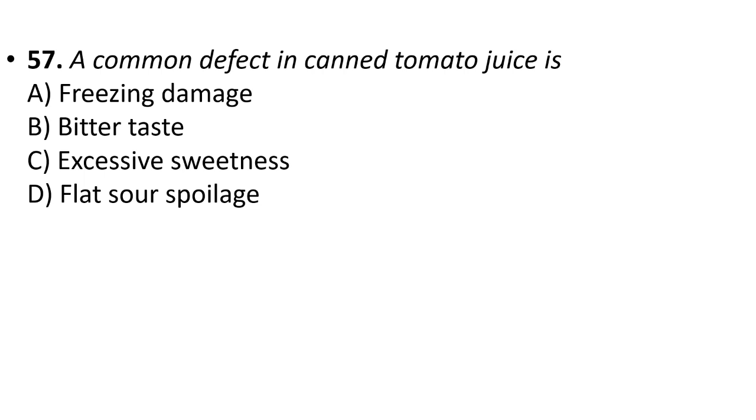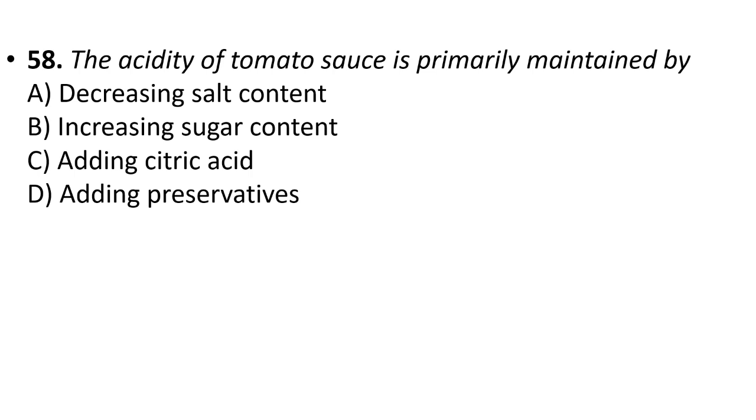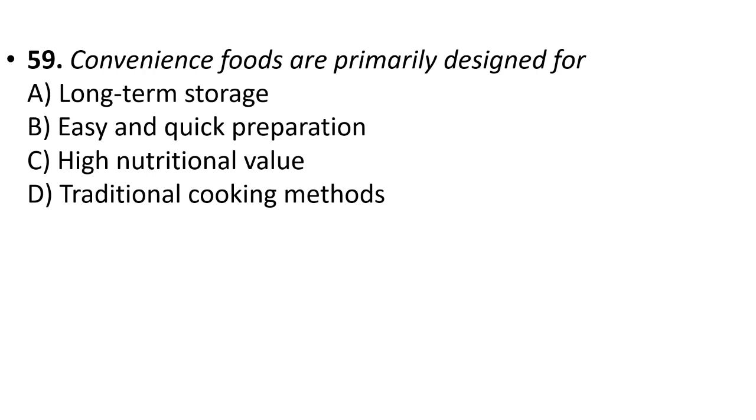57. A common defect in canned tomato juice is freezing damage, bitter taste, excessive sweetness, floods or spoilage. Option D is correct, floods or spoilage. 58. The acidity of tomato sauce is primarily maintained by decreasing salt content, increasing sugar content, adding citric acid, adding preservatives. Your answer is option C, adding citric acid. 59.